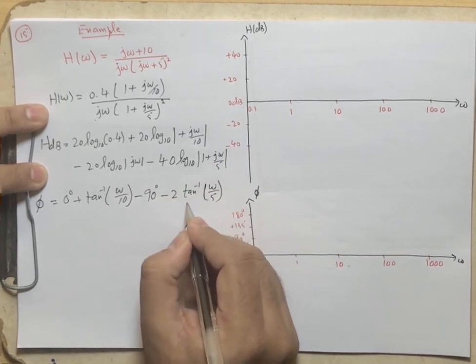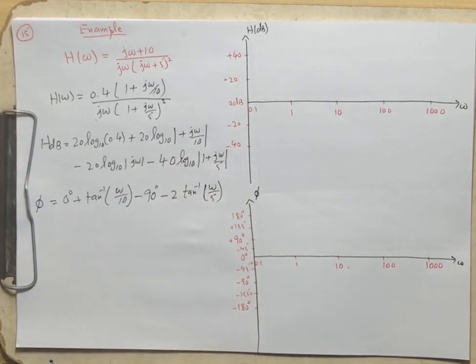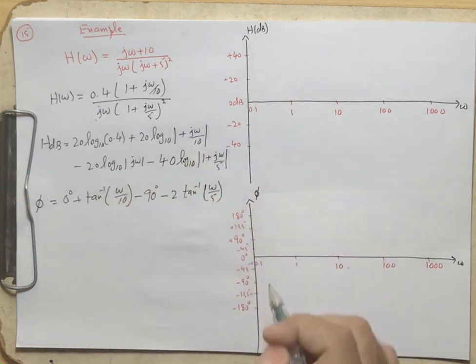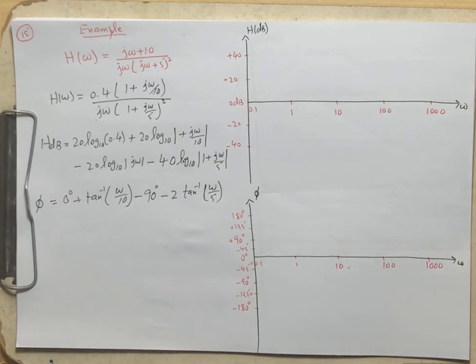Whatsoever the angle is, you have to multiply it with 2, because there are two poles at the same location as well. So these two equations will be used to plot this whole thing. Now I'm going to plot the magnitude and the phase individually, and then I'm going to add them.